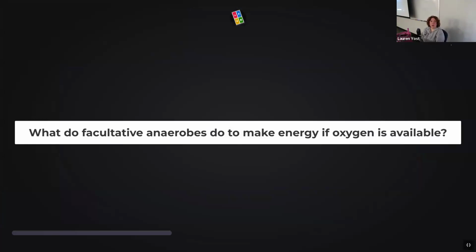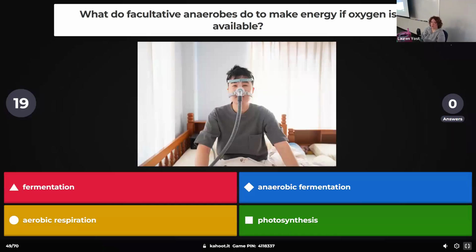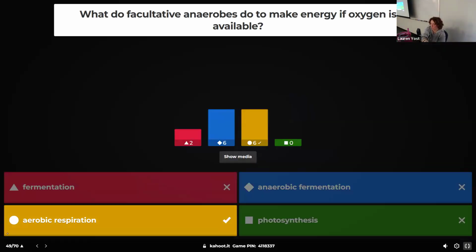All right, what do facultative anaerobes do to make energy if plenty of oxygen is available? Facultative anaerobes, if they have plenty of oxygen, how are they going to make energy? All right, so yes, they will do aerobic respiration.